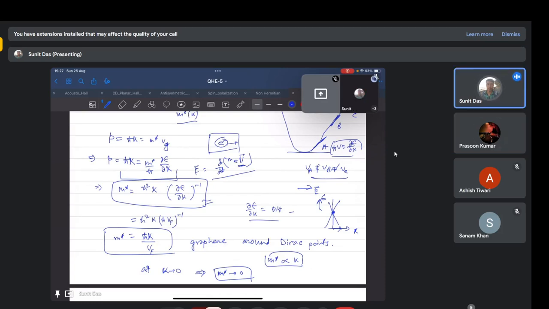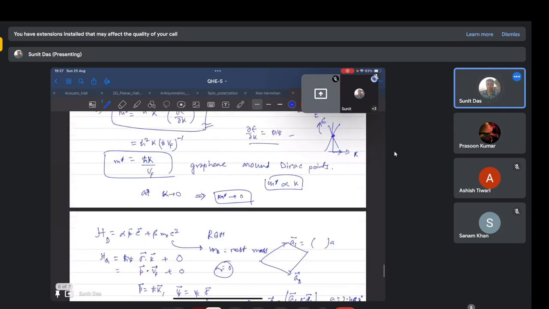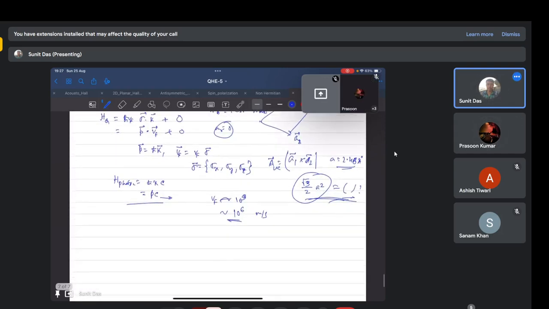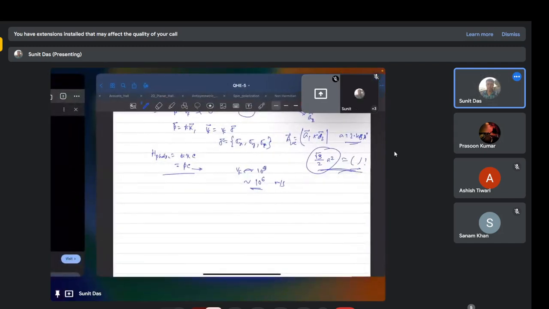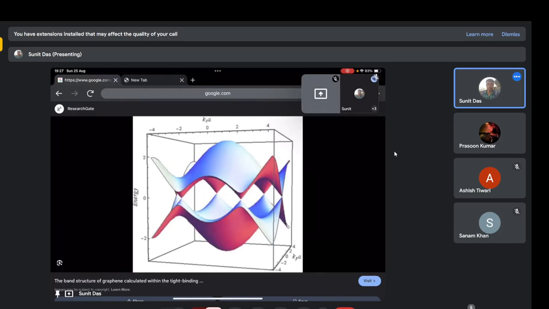So physical picture. Okay, so I think I'll repeat what I am saying actually. So let me go. So I have some pictures.